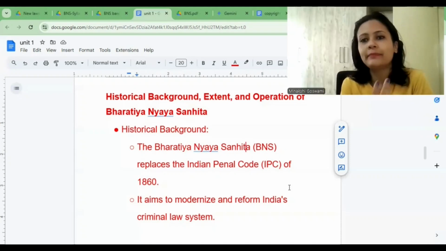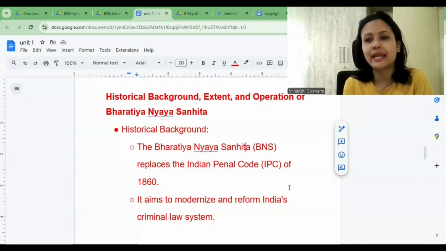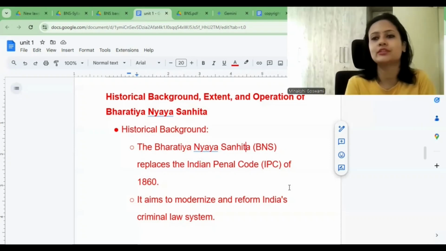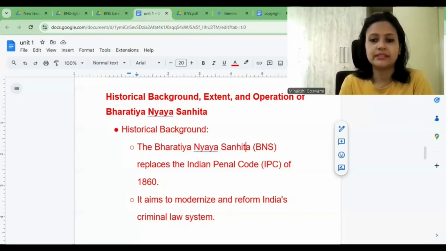So we all know that BNS has replaced IPC, and it was enacted in 2023, and from 1st of July 2024, it became applicable. So it becomes very important for us to know the historical background of this legislation. So let's look at the historical background, and this is also a part of your syllabus, which is Unit 1 of your BNS subject.